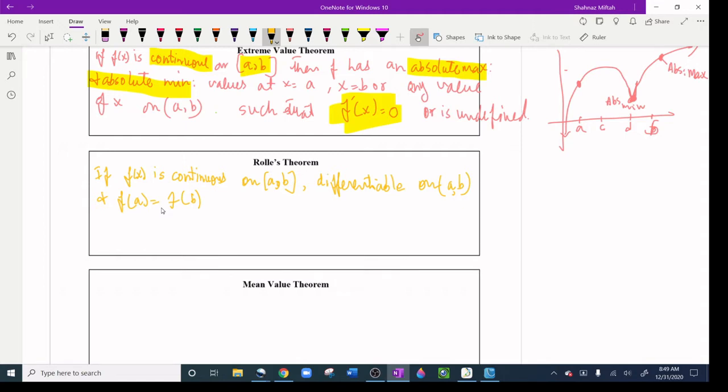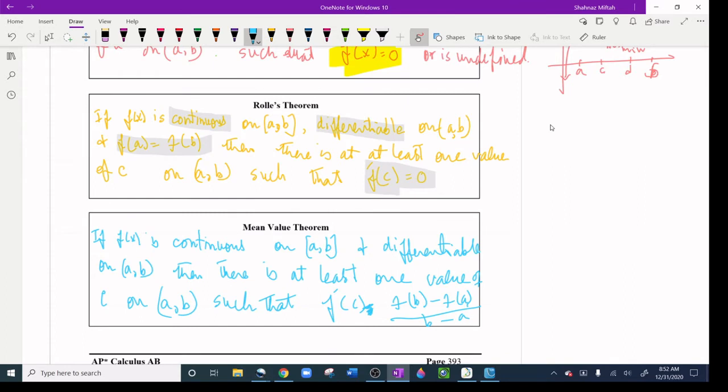Okay, I didn't draw a graph for that one, for Rolle's theorem. I can do it for you guys. Here is the thing. For example, my graph goes like this, and I can say this is my A, and I'm gonna say exactly the same supposed to be B, because f of A, f of B is supposed to be exactly the same.